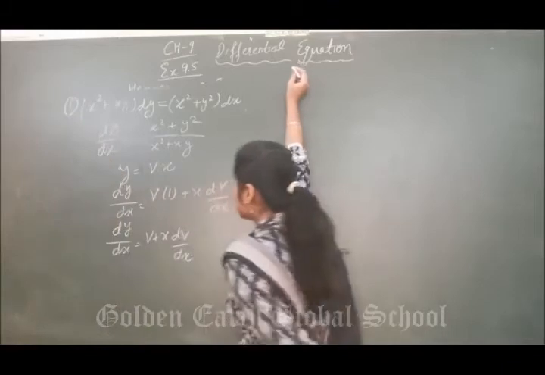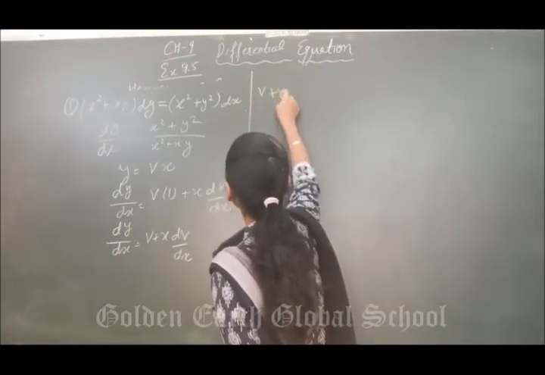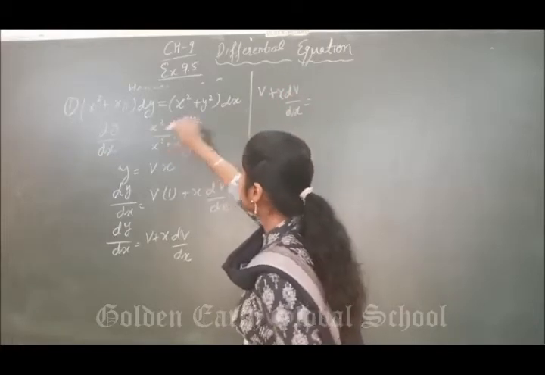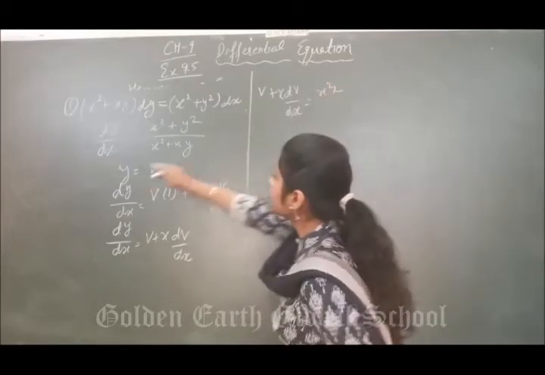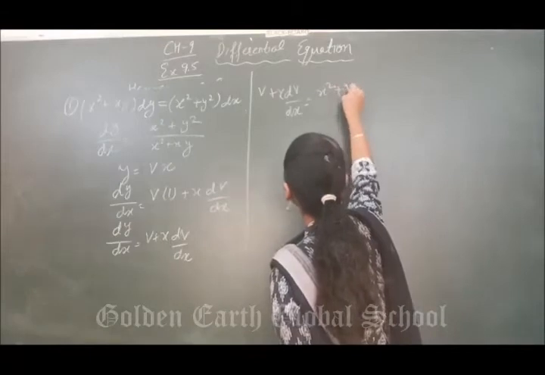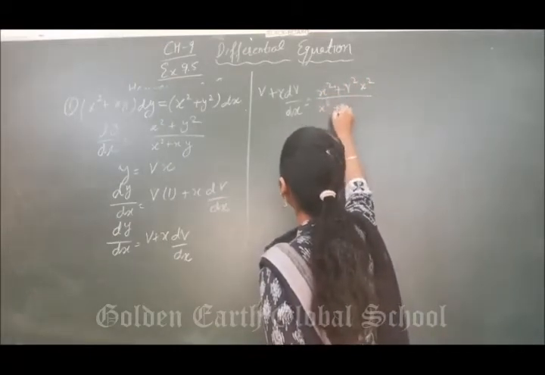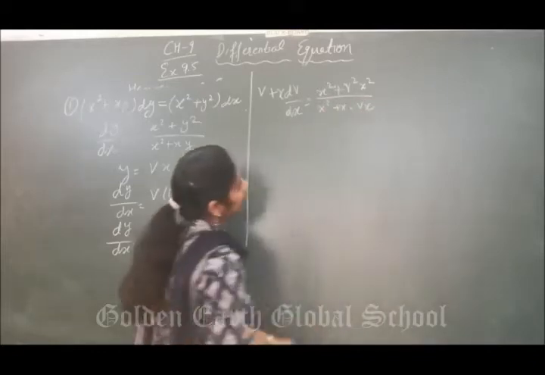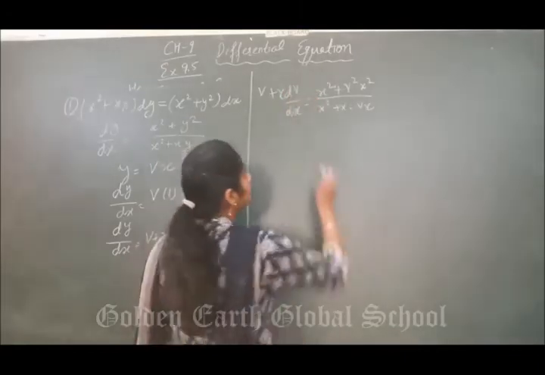Now substitute these values into the differential equation. dy by dx is v plus x dv by dx. On the right hand side, x square stays as it is, and y will be replaced with vx, so v square x square in the numerator, and in the denominator x square plus x into vx. Take x square common from numerator and denominator, it will cancel.